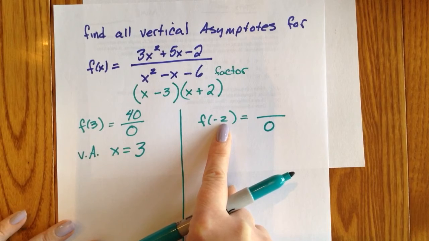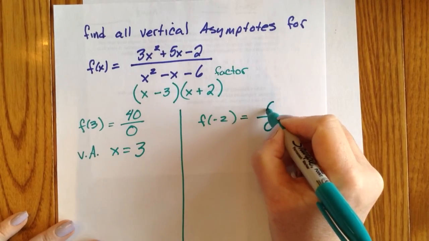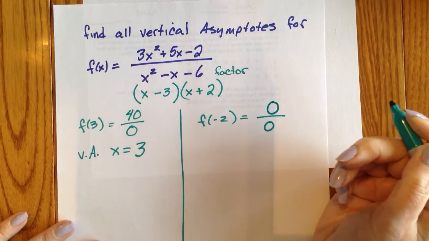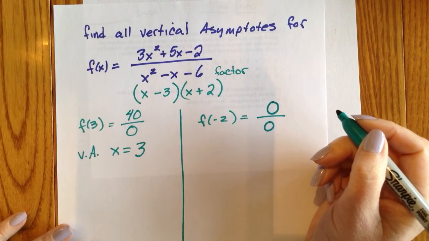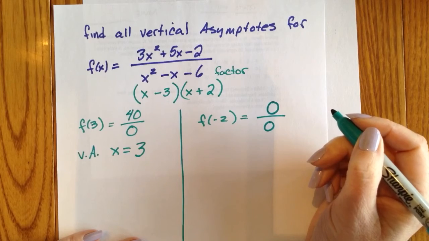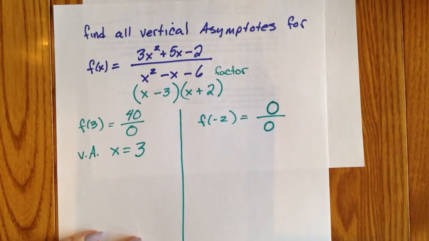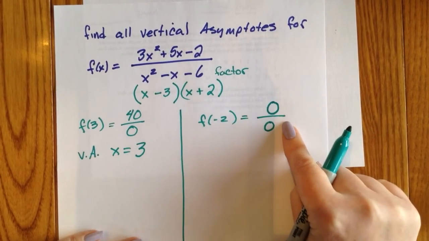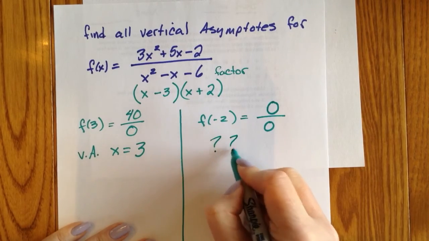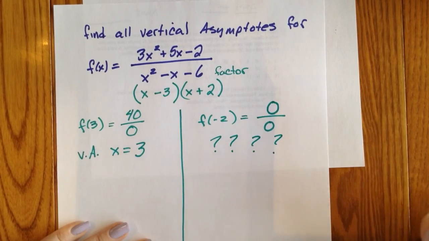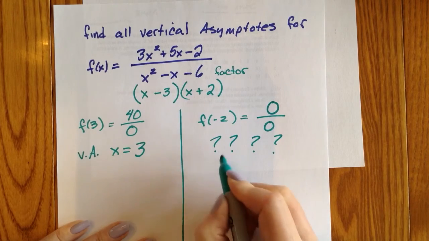When you fill -2 into the numerator, it is also 0. And here's what we know. Absolutely nothing. 0 over 0 doesn't make any conclusions yet. We don't know.